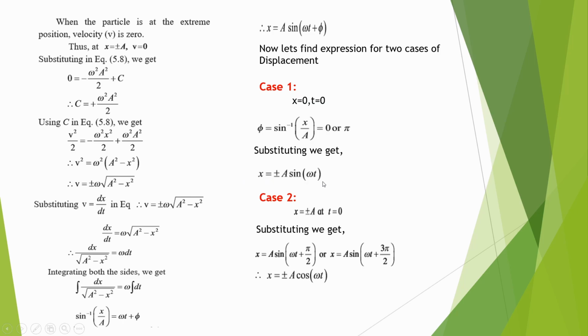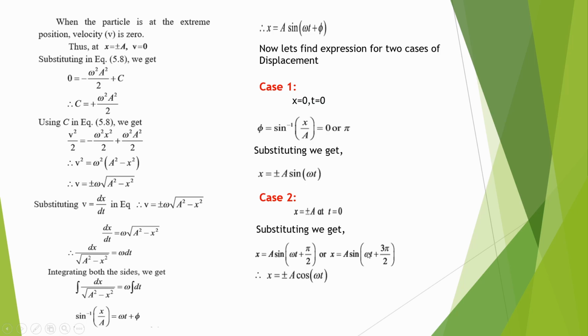And in the second case, when the particle starts from extreme position, what is the displacement x? That is plus minus a, and the time is equal to 0. After substituting that value, we get x equal to plus minus a cos omega t, or x equal to a cos omega t.